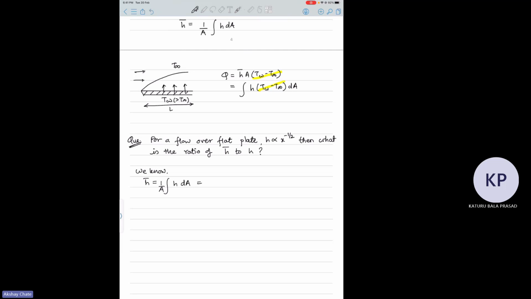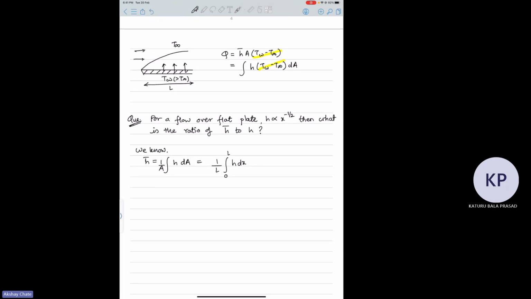We assume that the width of the flat plate is the same, and in that case this area integral reduces to the line integral, which is 0 to L h dx, because x is your leading coordinate, assuming constant width of the flat plate. This is usually the case.